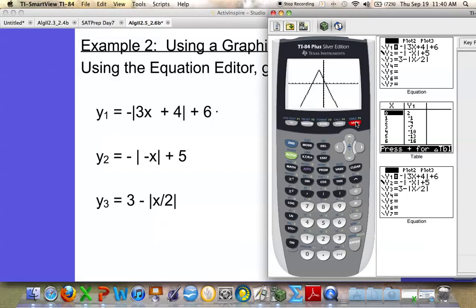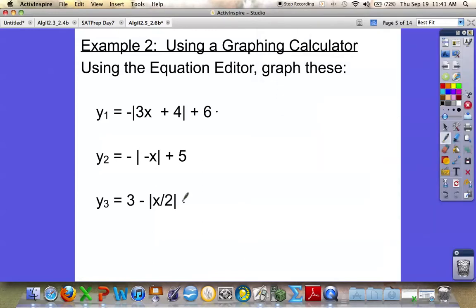All right, now I want you to go back and type in, for your second equation, negative absolute value of negative x, close bars, plus 5. I've got that one already typed in, so I'm just going to turn my graph on. And when you're done, check to see if you got this. And now for the third equation, you're going to type 3 minus the absolute value of x over 2.